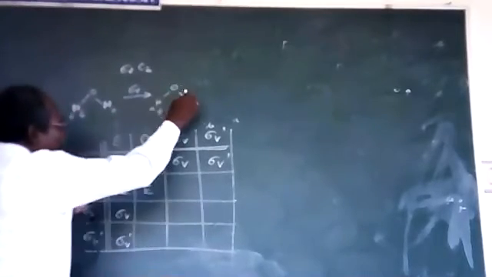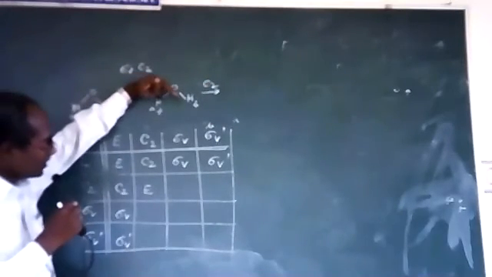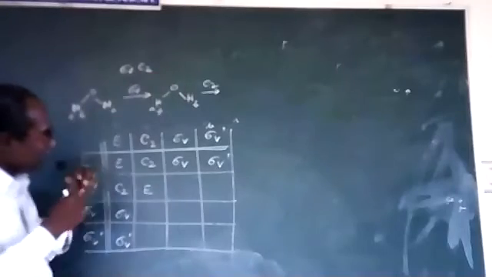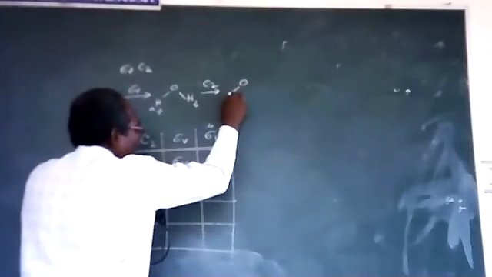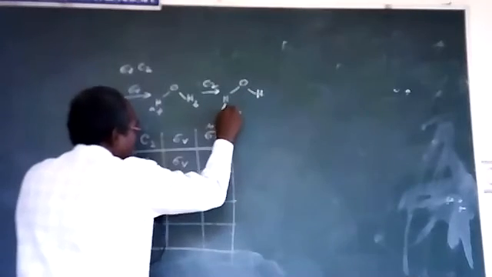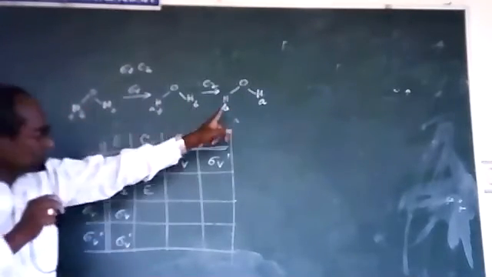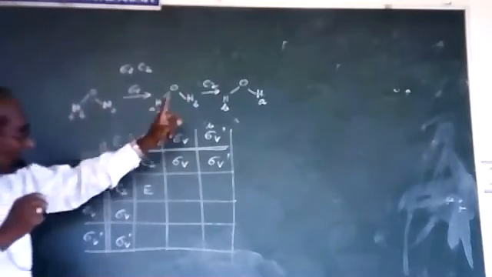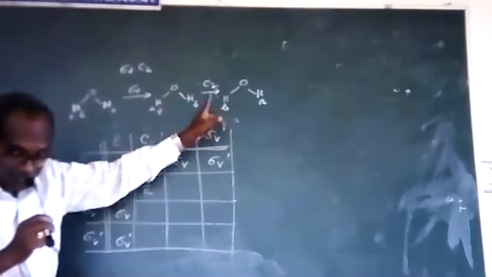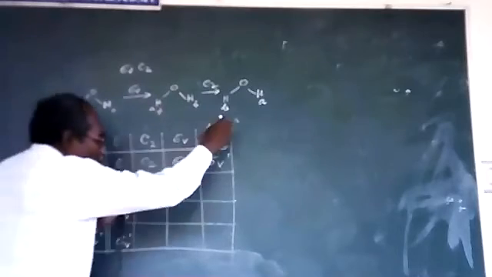But now I perform the C2 operation on this. When I perform the C2 operation, the molecule is rotated. Now hydrogen A comes over here, sorry, B is here, A is there. But look here, these two configurations are not the same, because while rotating, the front becomes back now.